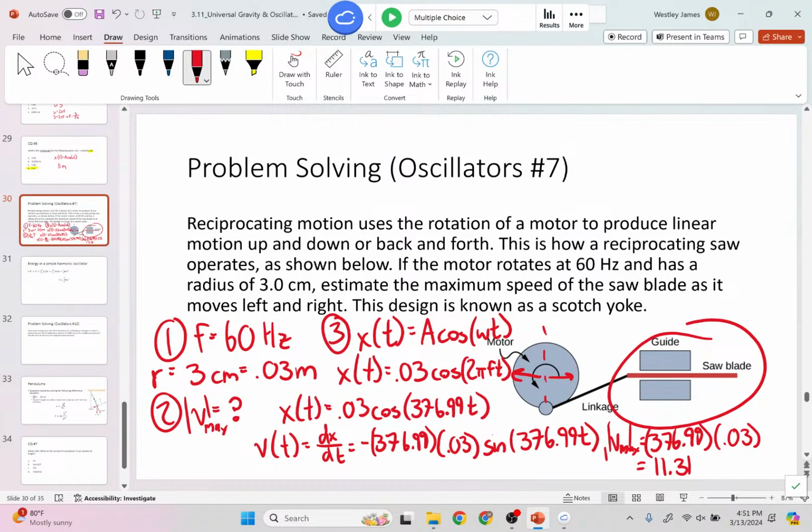11.31 meters per second. And remember, y'all, there's always one last step. Is that reasonable? The conversion is more useful here. If you multiply meters per second times 2.2, you get miles per hour. So multiply this by about 2.2, you get about 23 miles per hour.